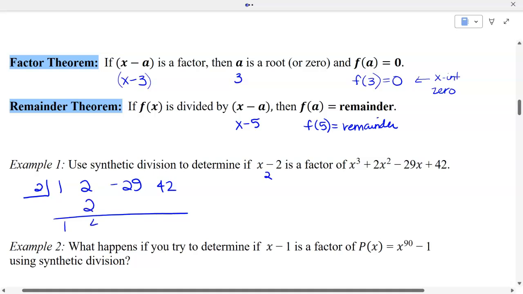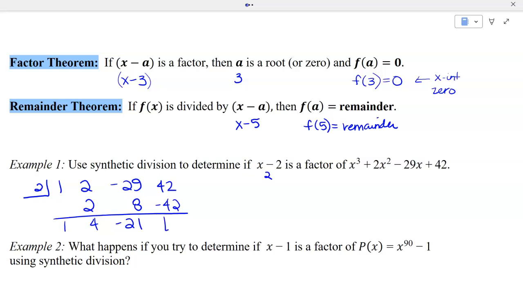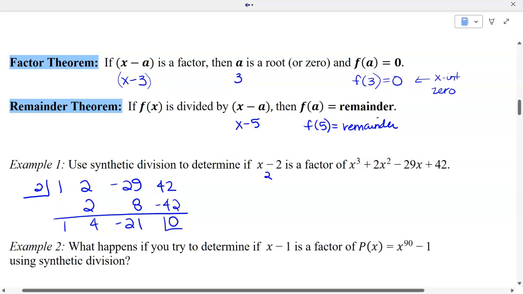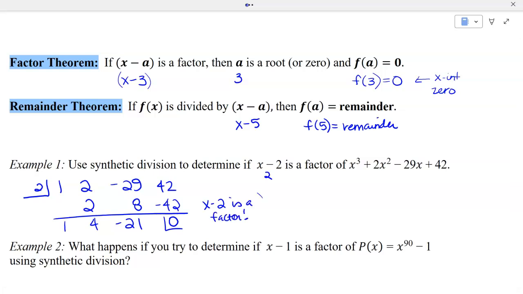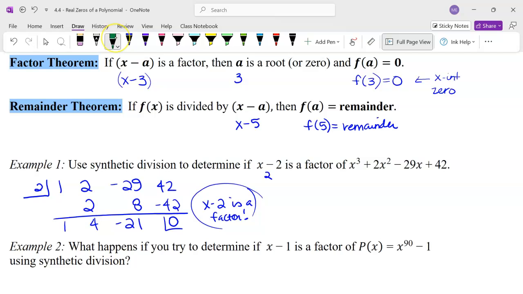I'm going to go through this, and we end up finding that we do have a 0 remainder, so x minus 2 is a factor. Now, using the factor and remainder theorem, we can actually determine if x minus 2 is a factor without doing synthetic division.